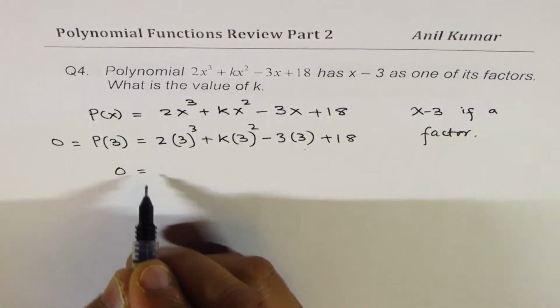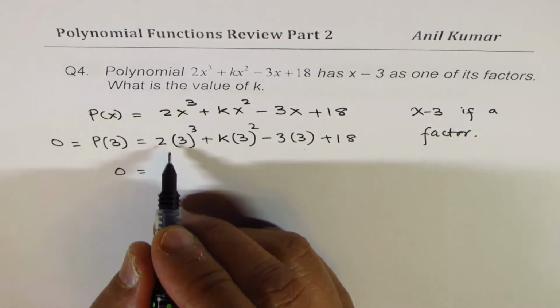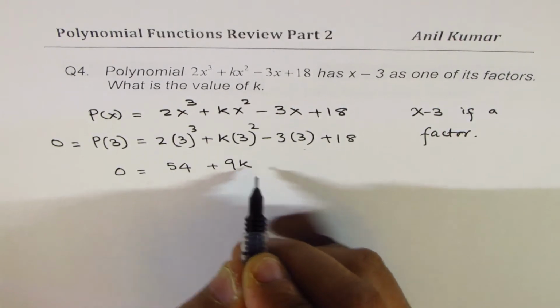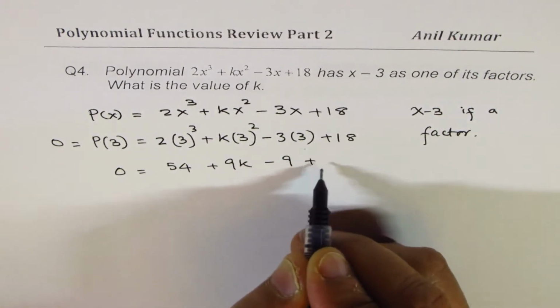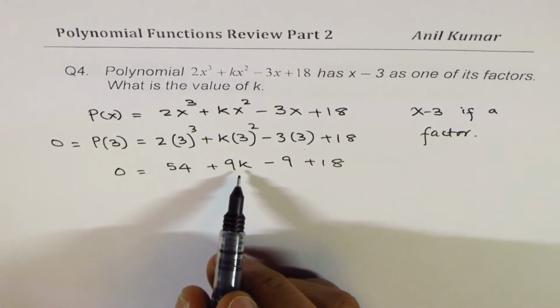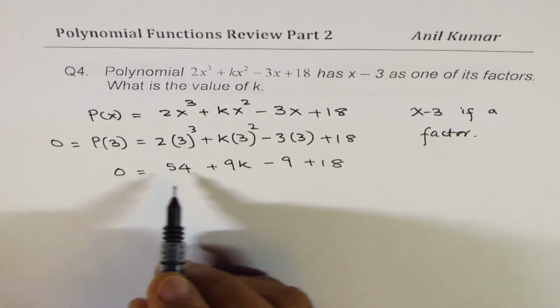So we get 0 equals 3 cubed is 27, 27 times 2 is 54. We get plus 9k minus 9 plus 18, and now we can calculate the value of k, taking all these terms to the left side.